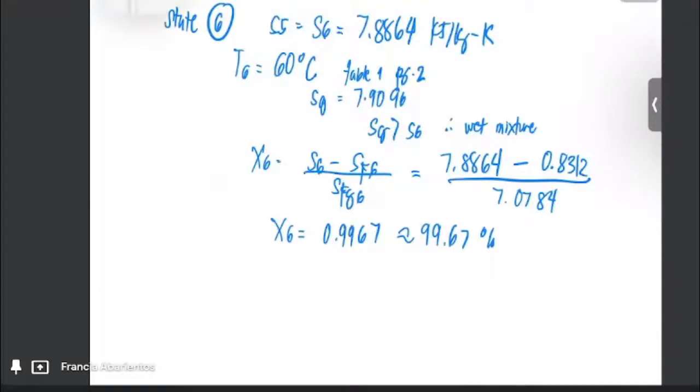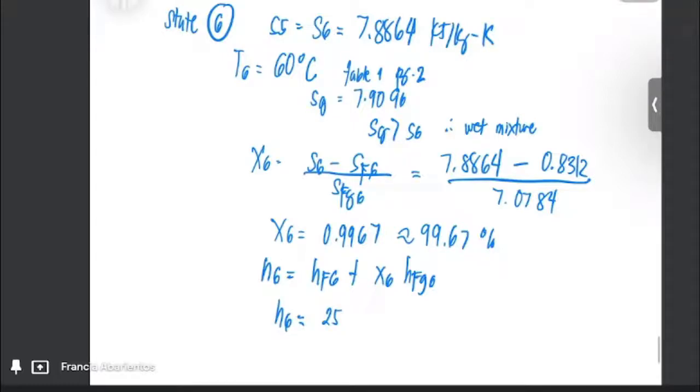Ano yung isa-solve natin? The H6. Okay? Quality at that point. So, we have now the H6, the HF, the enthalpy. We have 251.13 plus 0.9967 times 2358.